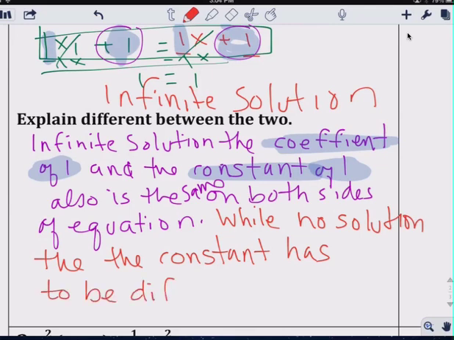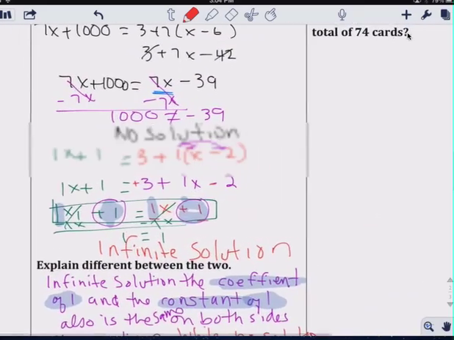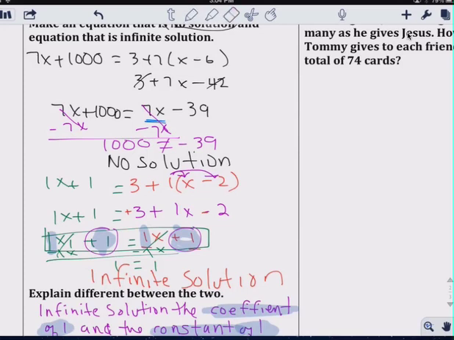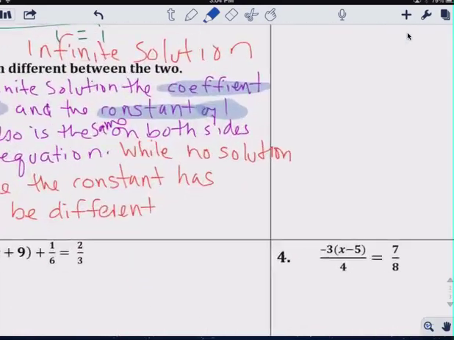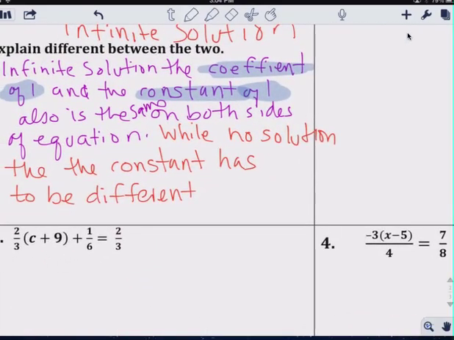Different, right? So in our example, notice the constant is 1,000, so we get 1,000 here, and this is negative 39. You see that? The constant has to be different on both sides.